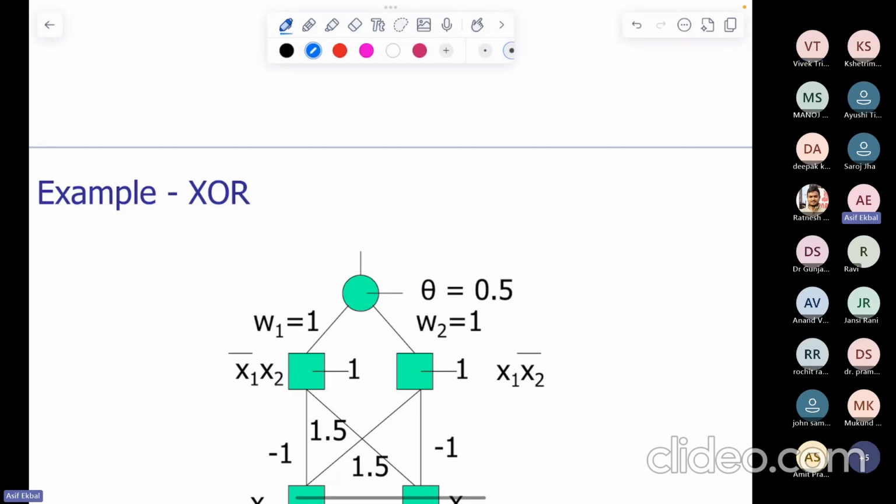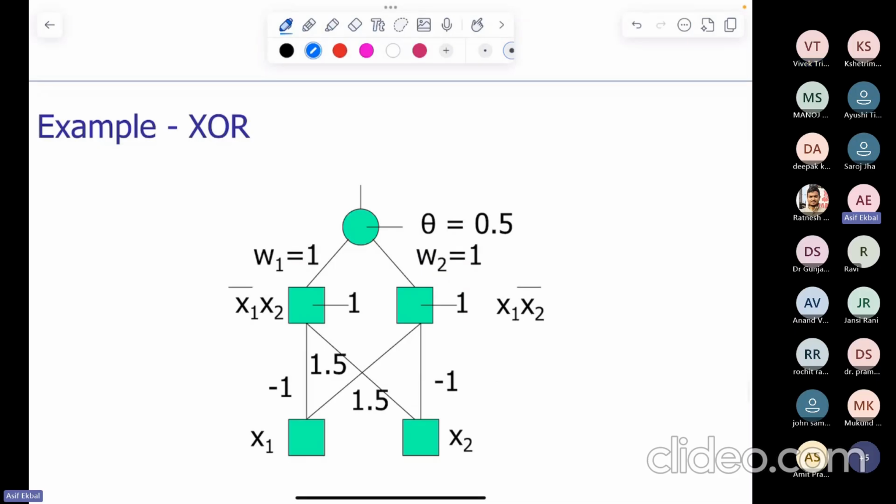Okay. So let's take the XOR gate. The XOR gate is not solvable by a single layer perceptron. You cannot solve it, right? In the XOR gate, for 0 0 input you have 0, for 0 1 you have 1, for 1 0 you have 1, and for 1 1 you have 0, right?